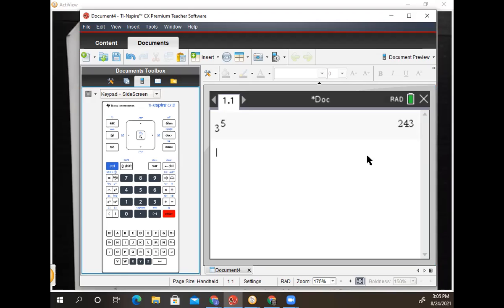For a fraction, probably the easiest option is to hit that blue control button and then divide. Oops, that wasn't it. Hit the blue control button and then divide. There we go. So now I can type my fraction, 3, and then I'm going to arrow down to get to the denominator over 7.